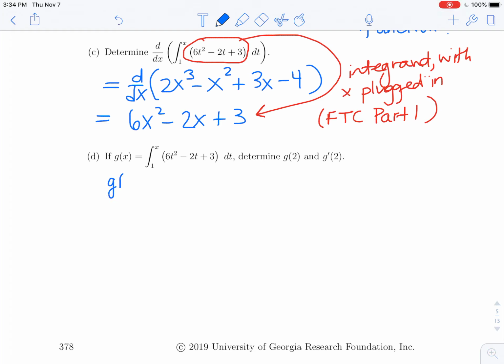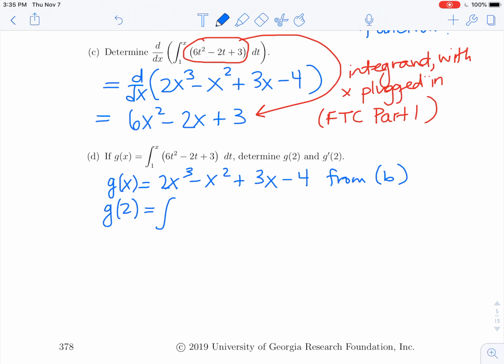Well, we already worked out that this weird integral function is actually equal to 2x cubed minus x squared plus 3x minus 4 from part B. And so if we want to do g of 2, well, we could use the integral function, definite integral from 1 to 2, 6t squared minus 2t plus 3 dt.